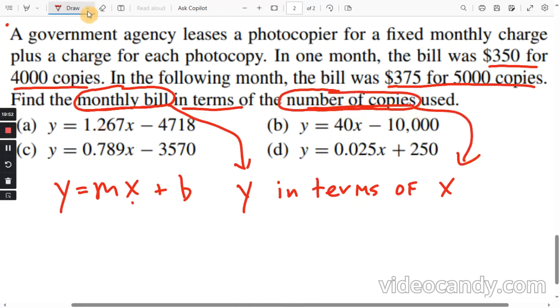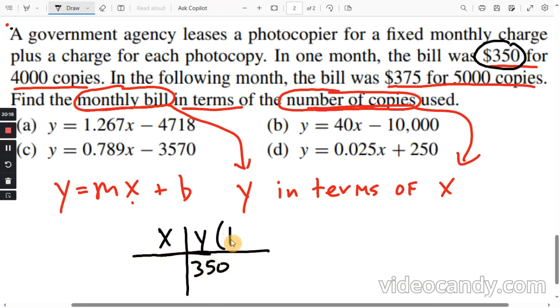All right, so let's make a little table using the information we were given. We said the monthly bill is y, so the first monthly bill is $350. That's your y. This is the bill for y, and x is the number of copies.